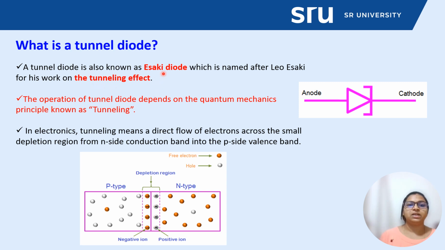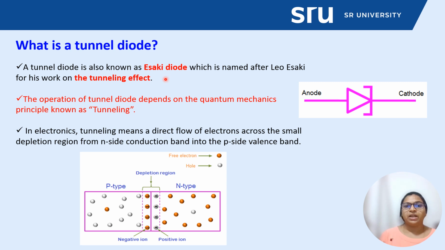So basically, what scientist Leo observed is that if a semiconductor diode is heavily doped with impurity, it will exhibit negative resistance. Negative resistance means nothing but the current across the diode decreases when voltage increases.